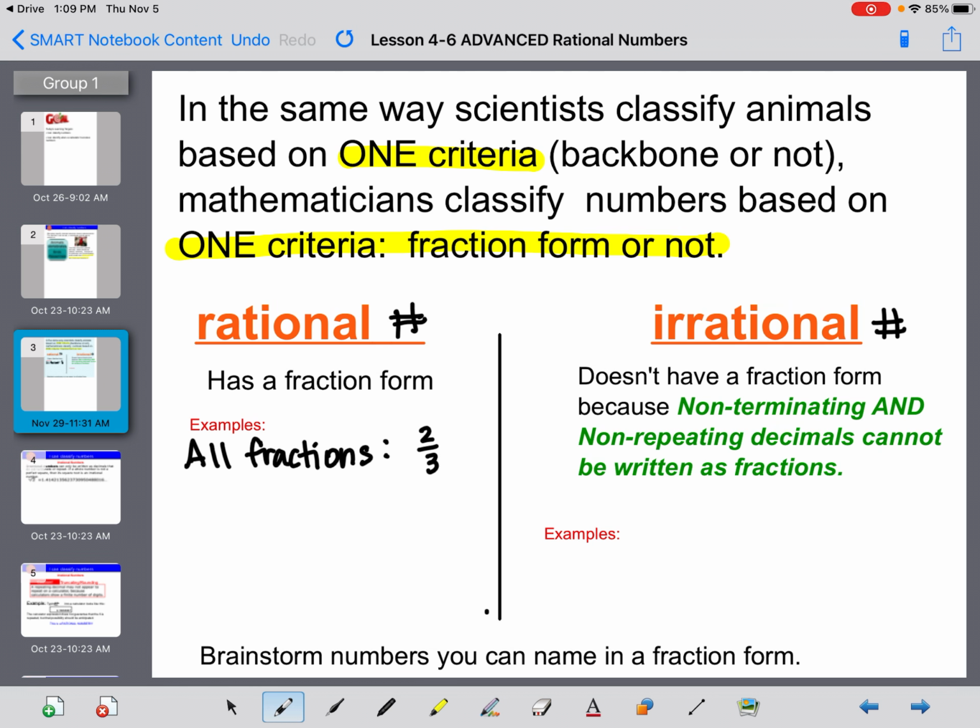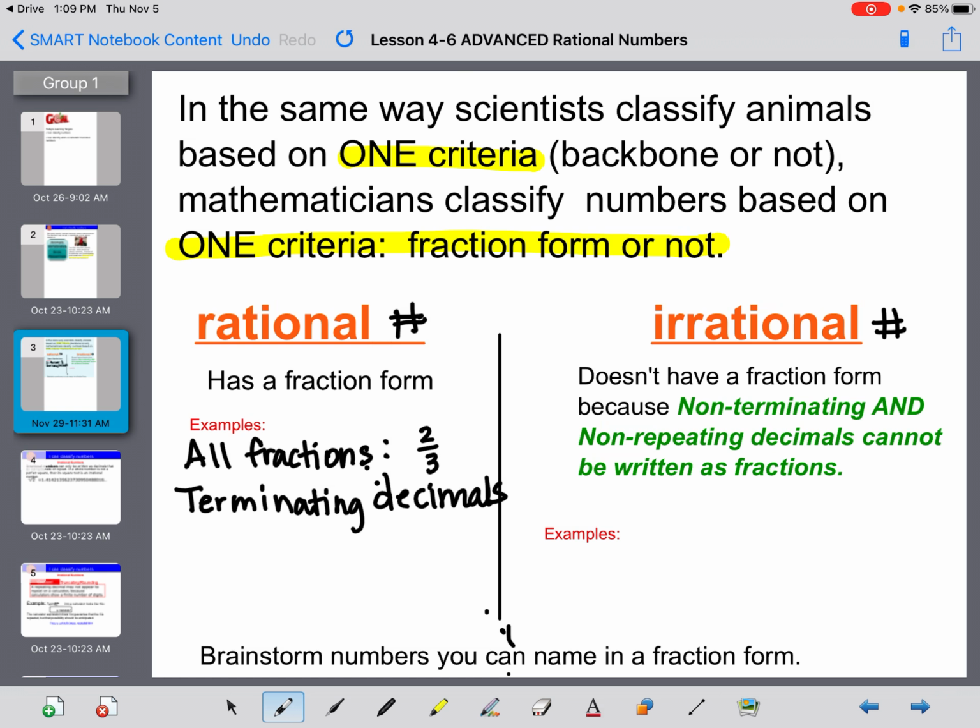You've also learned that most decimals can be written as a fraction. For example, terminating decimals. Terminating means that it ends. If you're terminated from a job, that means your job ends. So terminating decimals.